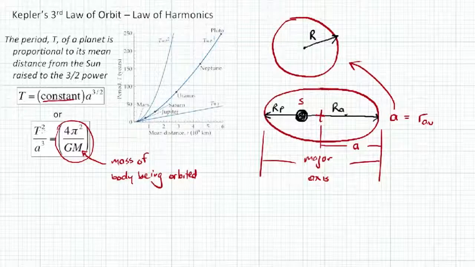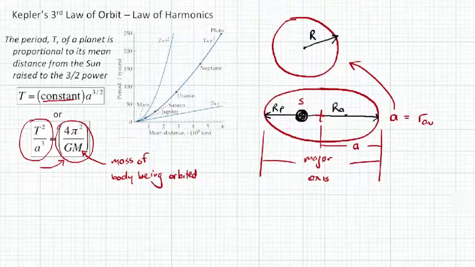What this means is that for any object going around that body, the time it takes to go around squared, in seconds, divided by the semi-major axis, or the average radius, cubed, is going to be equal to this constant. The mass of the central body is not going to change, G doesn't change, 4 pi squared doesn't change, so that's a constant right there. And we call this Kepler's third law.